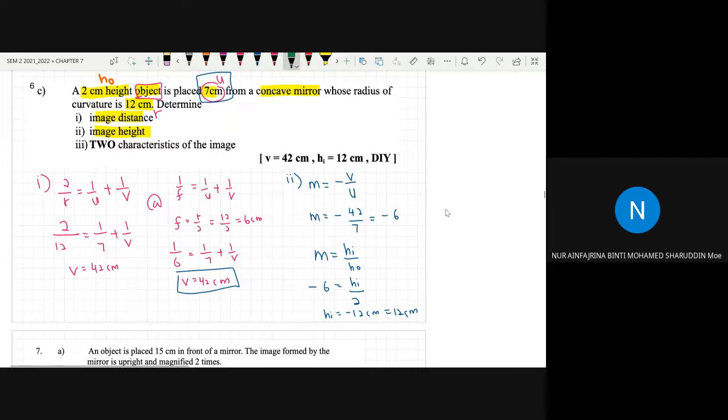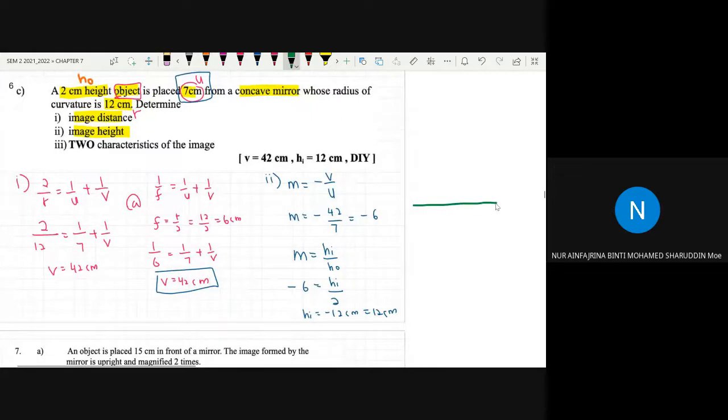Okay, Hana cuba tengok. Dia adalah mirror apa? Concave mirror. Okay, dia adalah concave mirror. Very good. So, kita tahu objek kita akan berada di sini. Okay, Hana, Miss nak tanya. Image awak, dia berada kat in front mirror ke behind mirror?